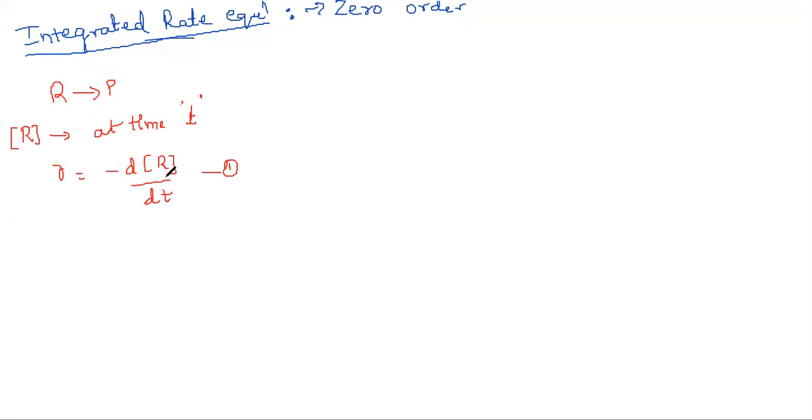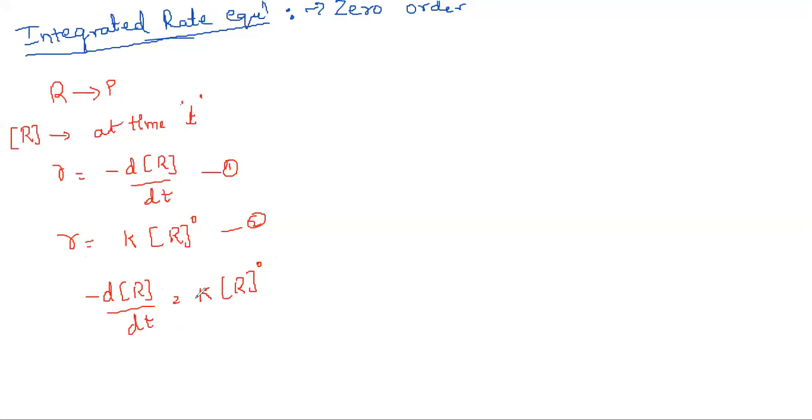Equation 1. Then according to the law of mass action, rate is equal to k into [R] to the power of zero order, it will be like this. Equating 1 and 2, since the rate is the same, minus d[R] by dt is equal to k into [R] to the power of 0.